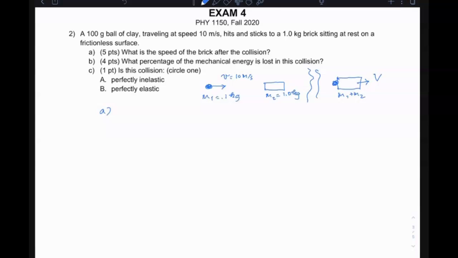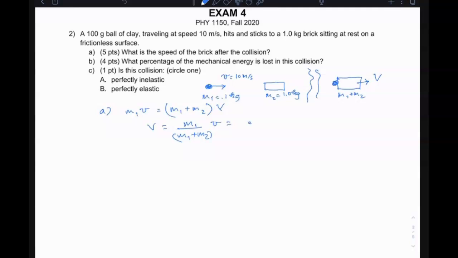The linear momentum is conserved, which means that mass 1 times v, which is the initial momentum of the system, is equal to the momentum after the collision, mass 1 plus mass 2, times big V. So the final velocity is equal to the ratio of mass 1 to mass 1 plus mass 2, times little v.